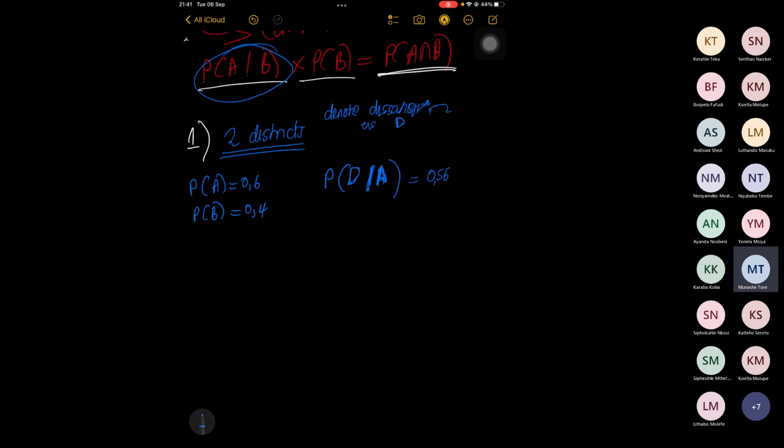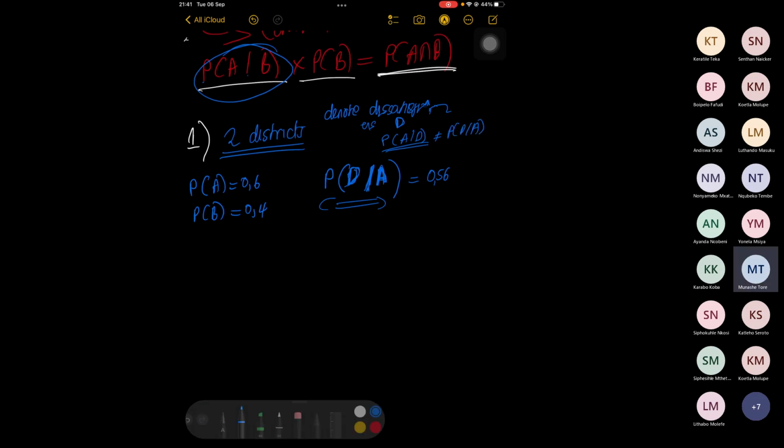That's one thing you have to know, isn't it? So probability of dissatisfied, given that they are coming from A. Please don't make the mistake of interchanging these two. Because if you say probability of A given D, it's actually something different from probability of D given A.